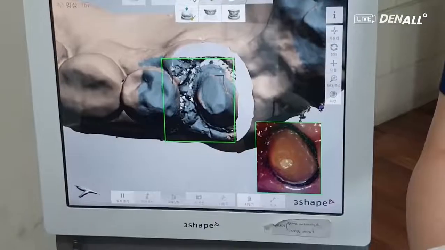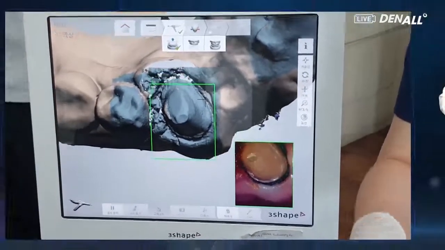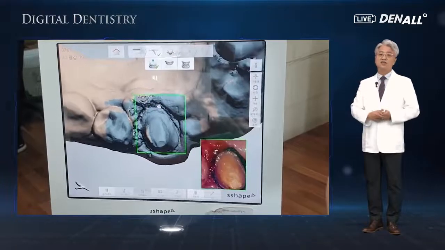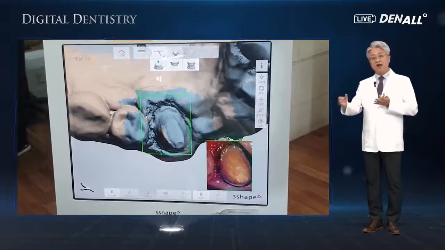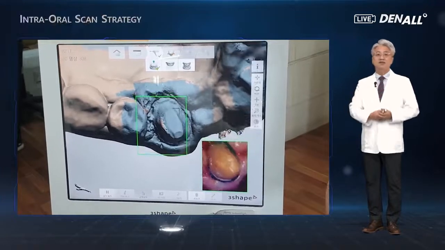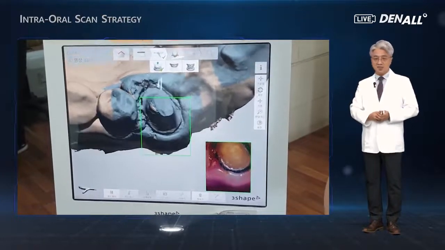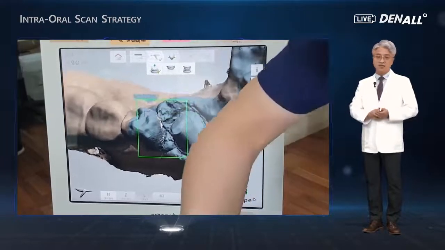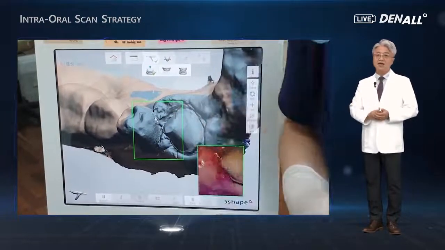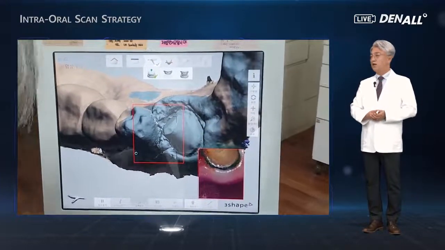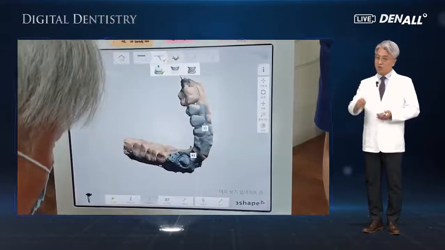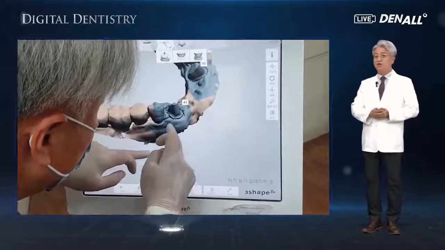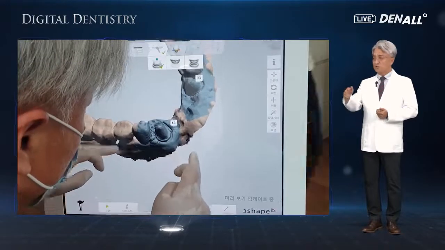For crown scanning, I believe the most important clinical point for good acquisition of scan data is that deep subgingival margin formation should be avoided as much as possible, to expose the margin with cord for margin scanning. After cord packing, for rubber impression taking, in most cases the second cord is removed from the double cords.